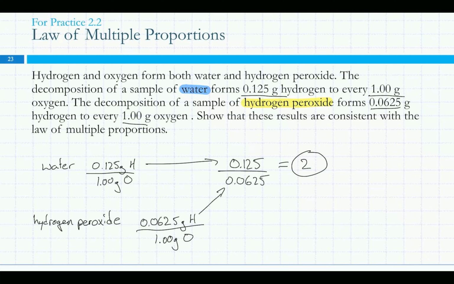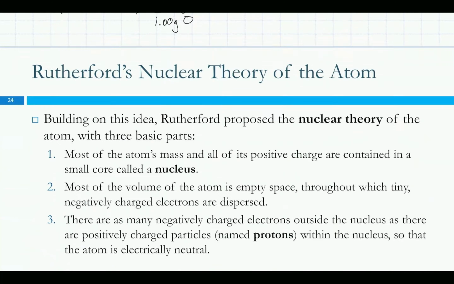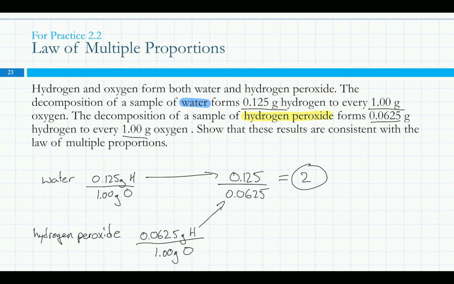You might have done this the other way around with the 0.0625 on top, 0.125 on the bottom, and then you would get exactly half. And that's a sign that you've just got your number inverted there. You generally want the larger number on top, smaller number on bottom. Okay, so hopefully that helps when you go into those problems for the law of multiple proportions.